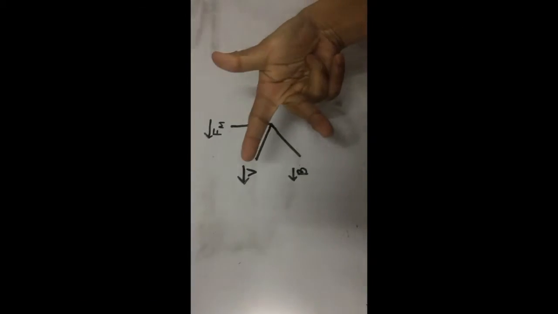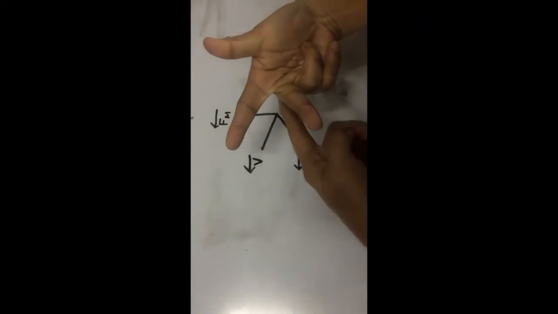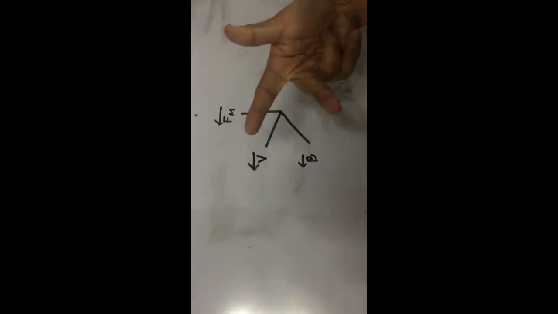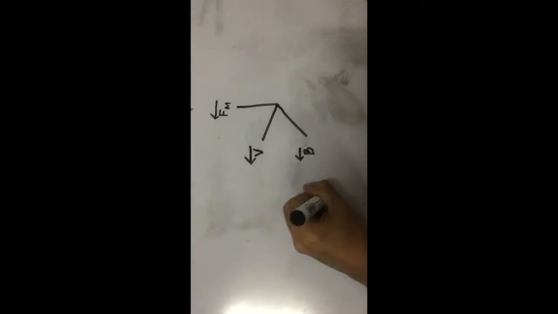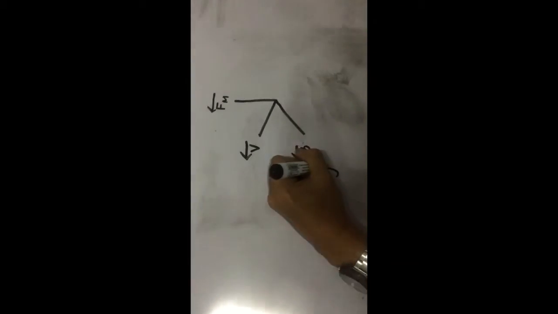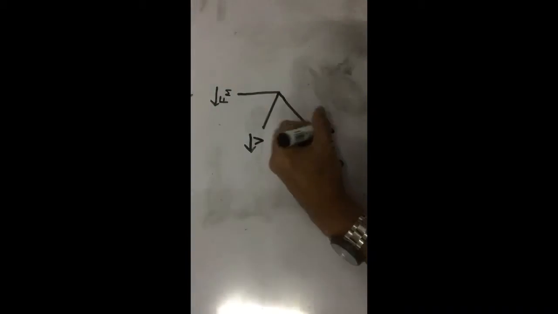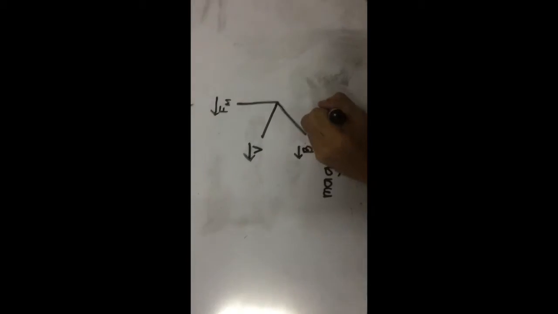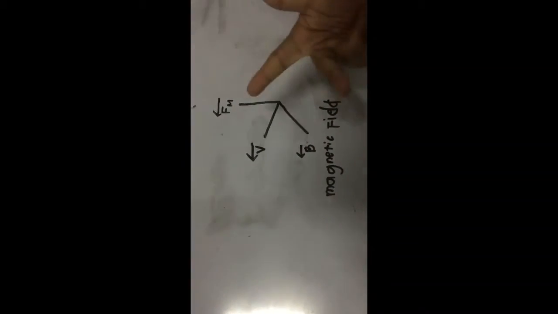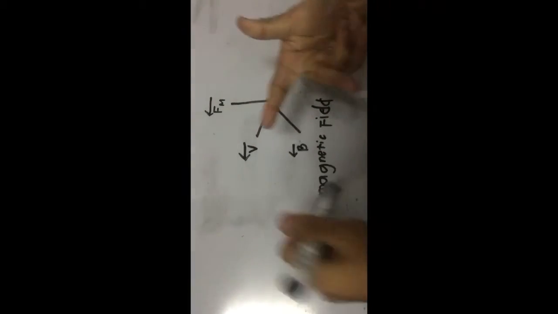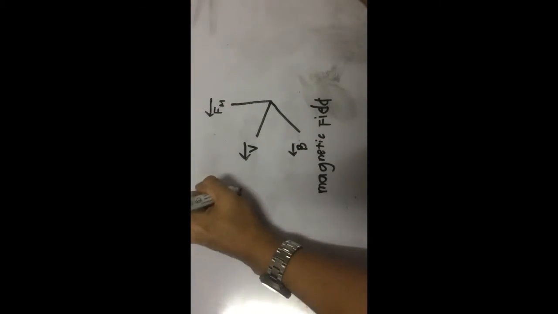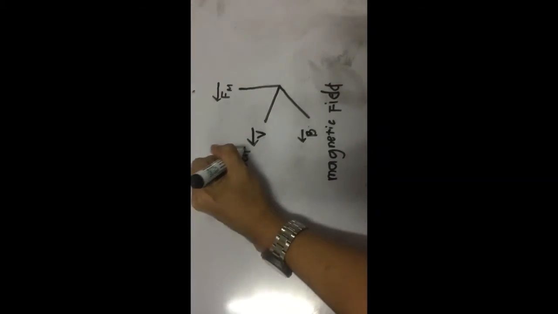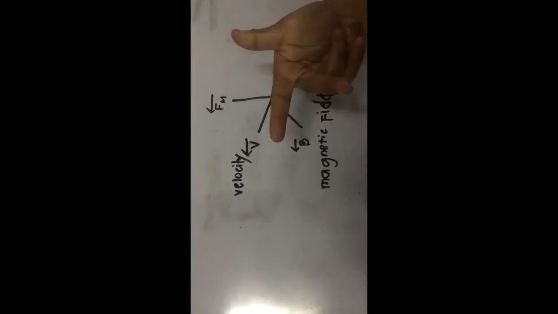As you can see, as the magnetic field goes in this direction, and the velocity in this direction, the force is going upward.